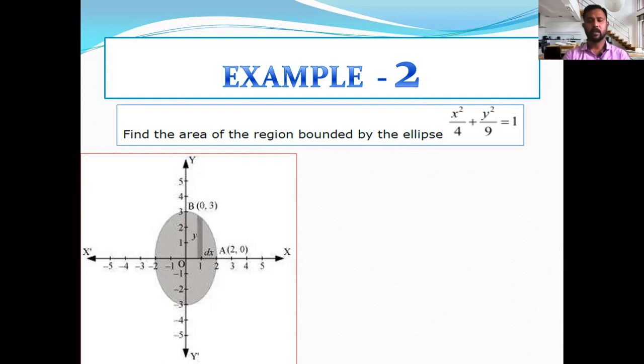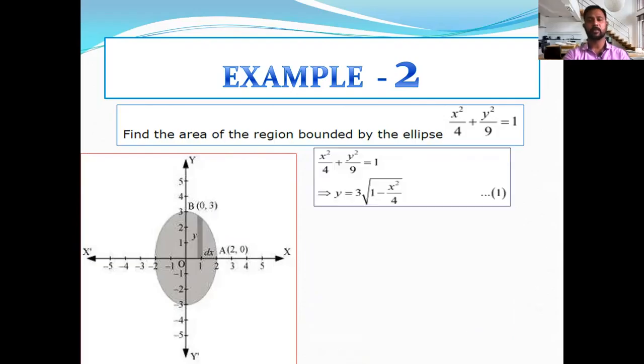What about the area? In such questions, we can easily see that instead of finding the whole area, we will find, you see, all the figure is equally distributed in all the 4 quadrants. So we will find the area of the shape in any one quadrant and multiply it by 4. So we are going for x square by 4 plus y square by 9 equal to 1.